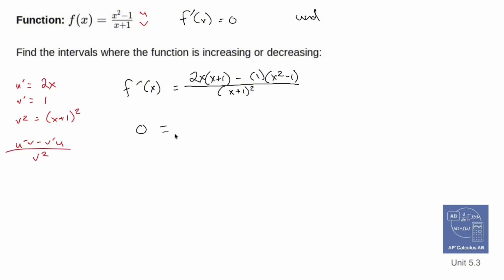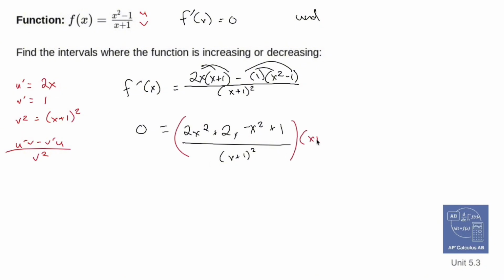Set it equal to 0. You're going to distribute that, so 2x squared plus 2x, and distribute that, so minus x squared plus 1, all over x plus 1 squared. Let's multiply both sides by x plus 1 squared to make it go away, because we really don't need it. All right, boom.